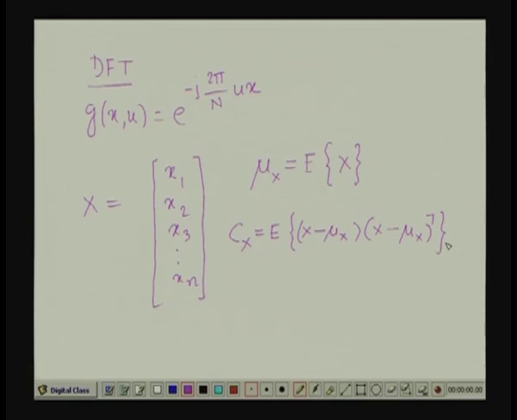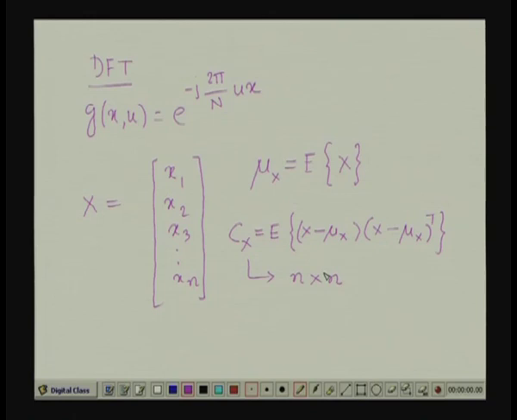Since x is of dimension n, this covariance matrix will be of dimension n by n, and obviously the dimensionality of the mean vector mu x will be n.